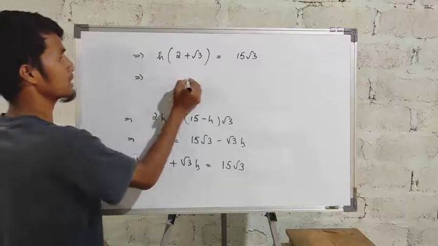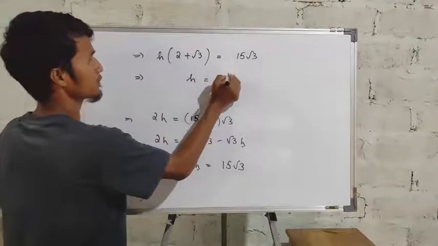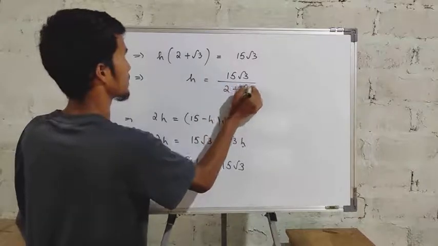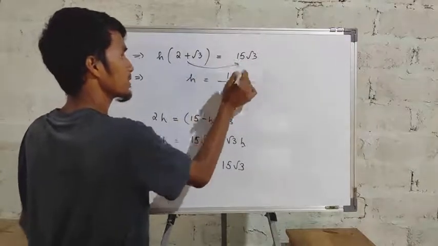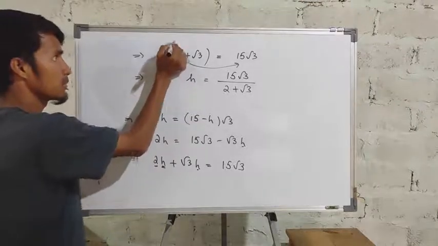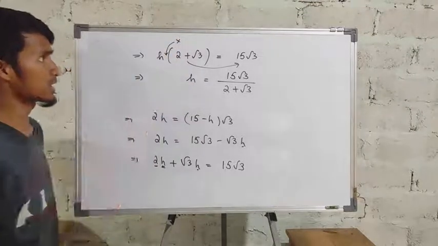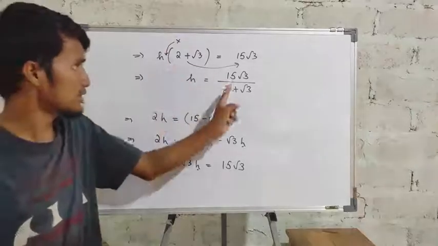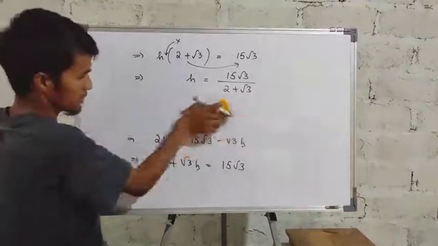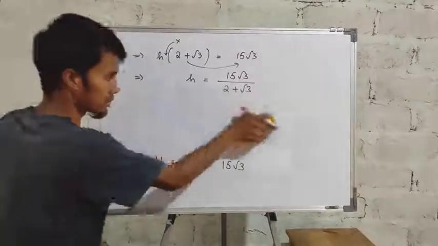Now we want the value of h. So h is equal to 15 root 3 divided by 2 plus root 3. Because here is a multiplication, if we take that side, it changes to division. Now we need to do only one time rationalize.